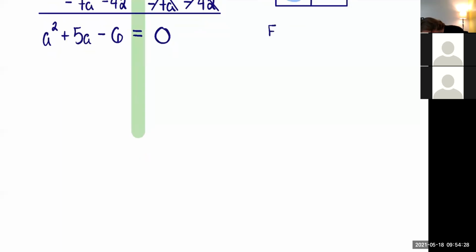I'm going to make a note here that now we are in the process of factoring. So what's my A? 1. My B is 5. And my C is -6.